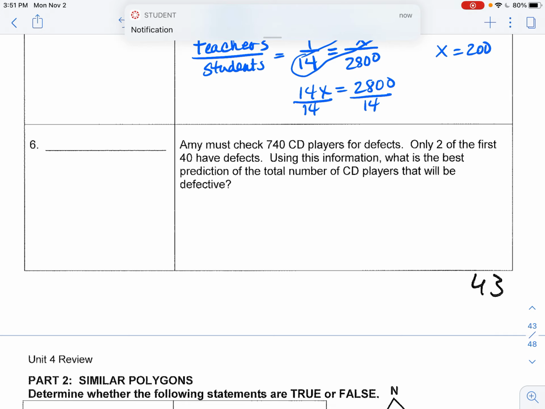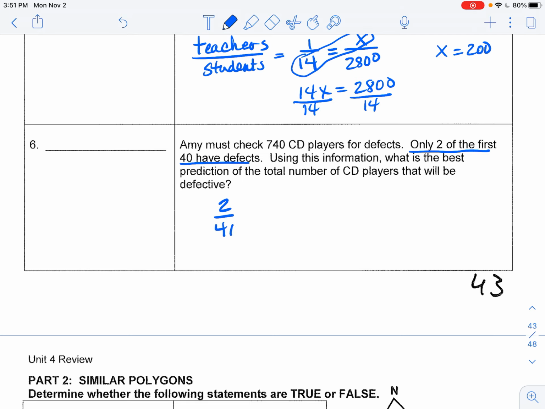In problem number 6, Amy must check 740 CD players for defects. Only 2 of the first 40 have defects. There's my ratio, 2 out of 40. So this is defects over total. Using the information, what is the best prediction of defects out of the total 740?